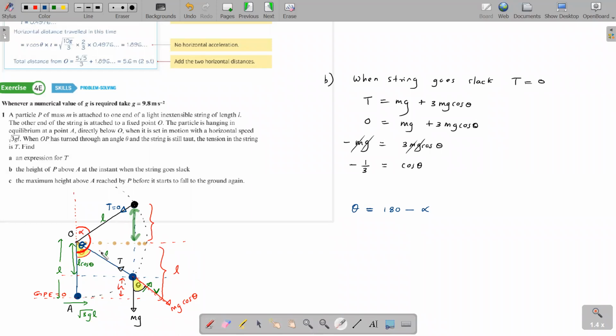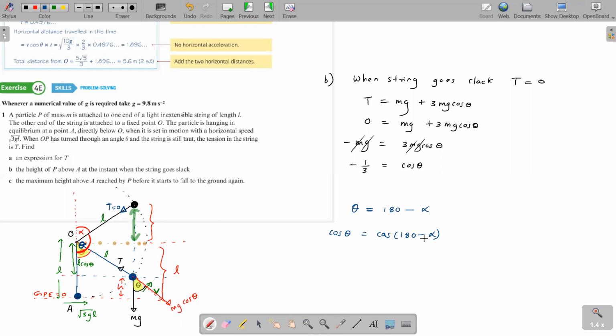You can't go with arctan or anything here because you do not know these distances. So I can build up the relationship that theta equals 180 minus alpha. So the obtuse angle theta is equal to 180 minus the acute angle alpha. Now what I want you to do is take the cos ratio of both sides. This is P2 trigonometry. If two angles are equal, then the cos ratios of those angles are also equal, right?